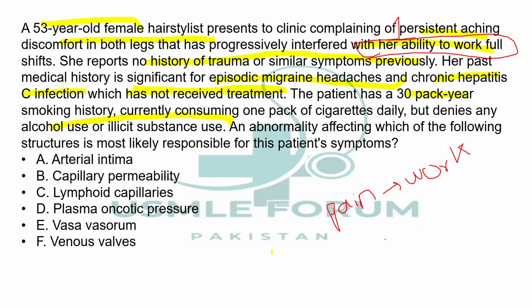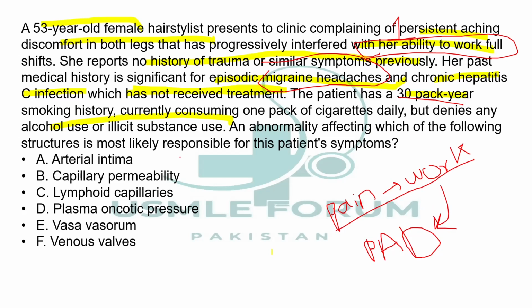So you have to think of a PAD in this case. A 50-ish female patient with a smoking history and migraines, you have to think of a PAD. Pain from work. Simple. Think of a PAD. Always think of a PAD.